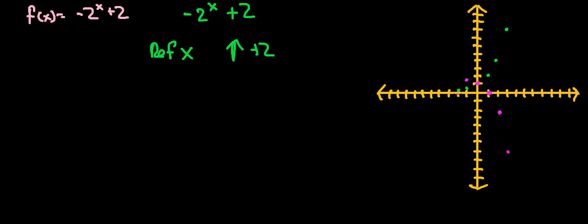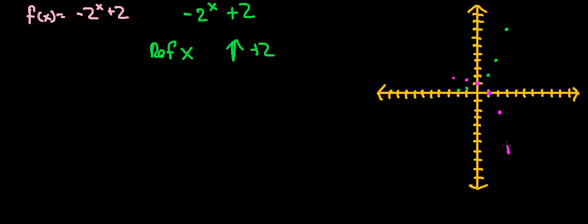For x is equal to minus 2, y is going to equal 1/4. Reflected across the x-axis, that means y is equal to minus 1/4 now. Now adding 2 will be 1 3/4. Right about there.